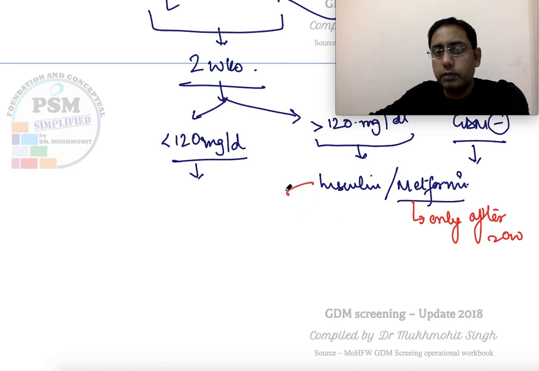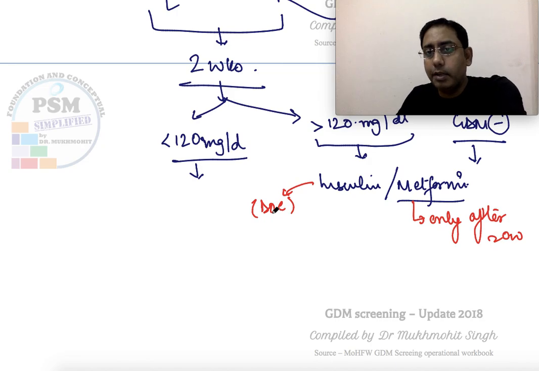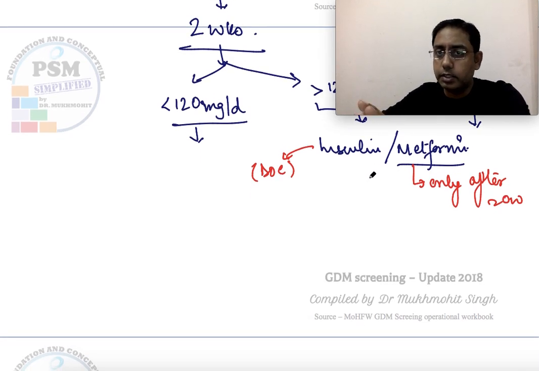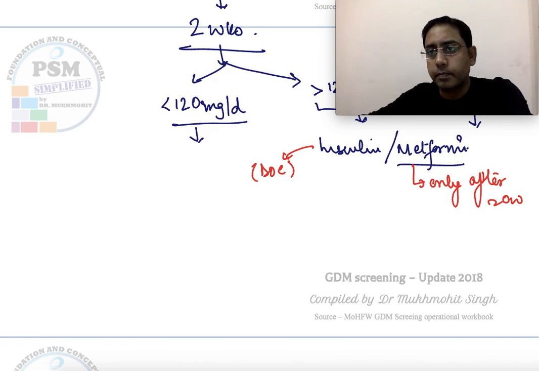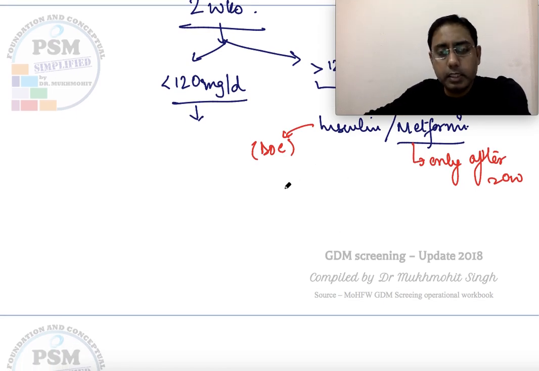However, the drug of choice remains insulin. So if the female is okay with insulin at whatever gestation age, the answer is insulin. But in case she is not agreeing to insulin, metformin can be given only after 20 weeks of gestation.